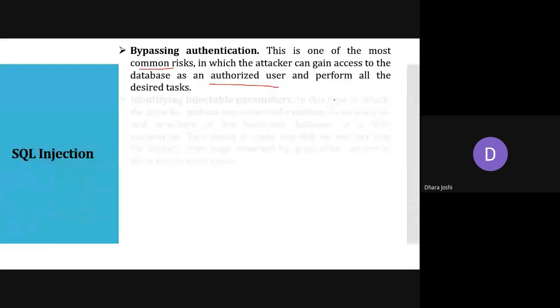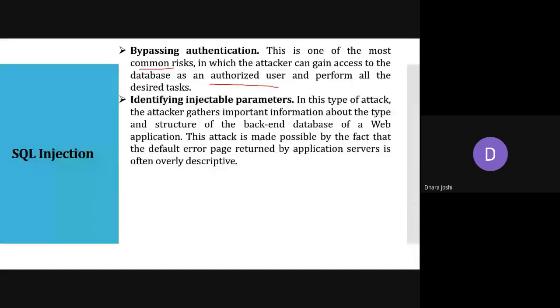Identifying injectable parameters. In this type of attack, the attacker gathers important information about the type and structure of the backend database of a web application. Suppose this is Facebook, then they will get access to how Facebook stores the data in the database. What are the attributes? What are the parameters?